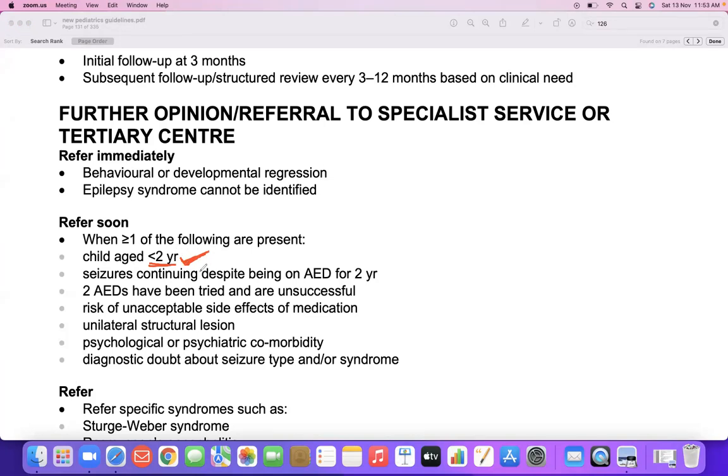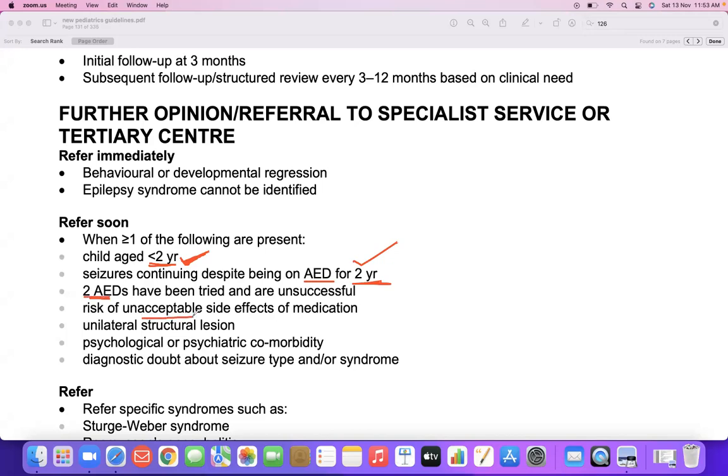Okay. And seizure continuing despite anti-epileptic treatment for 2 years. You give anti-epileptic treatment and for 2 years he is still having seizures. 2 AEDs have been tried and unsuccessful. Okay, this is one criteria: on anti-epileptic drugs for 2 years, and also you have already tried 2 anti-epileptic drugs and he is unsuccessful.